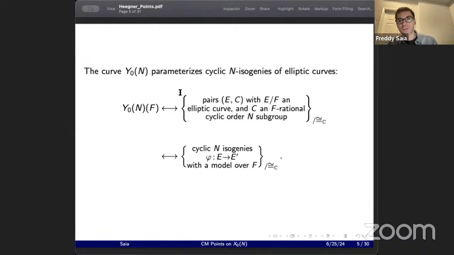I want to be careful: these are coarse moduli spaces, so that's why I've put isomorphisms over C everywhere here, rather than over Q or over F. So these modular curves are parameterizing isogenies of elliptic curves. We are interested in that exact torsion data.